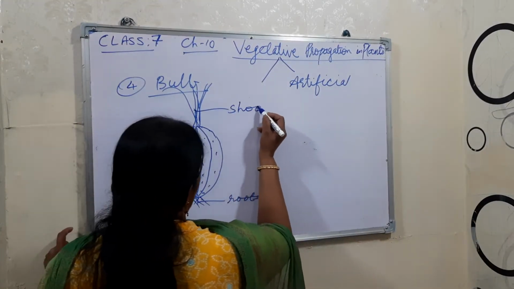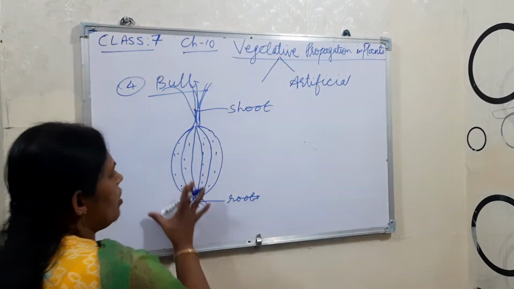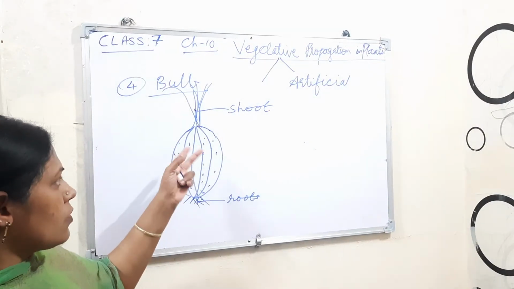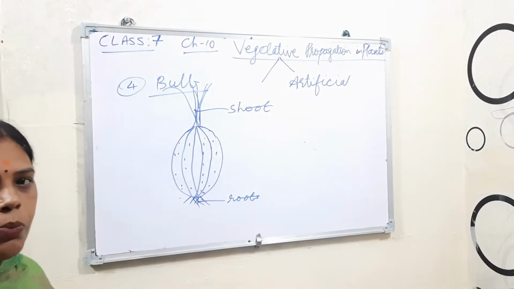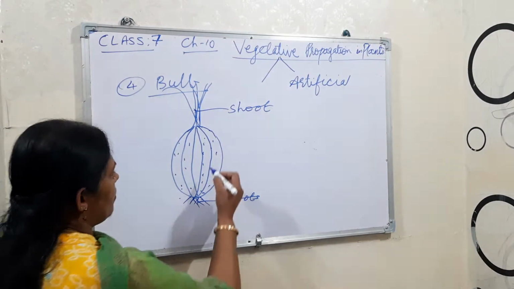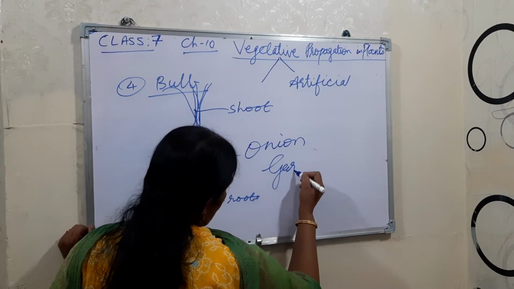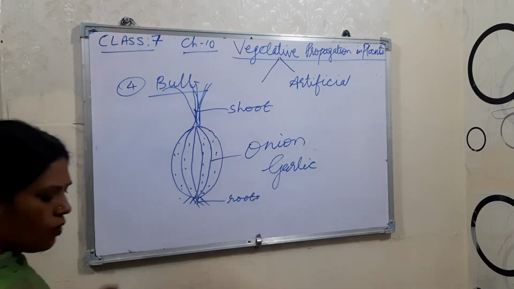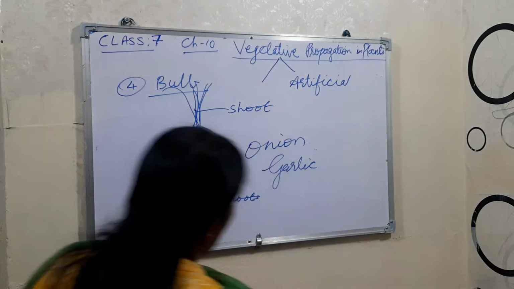Afterwards from this, a number of bulbs are produced. Okay, the new young ones are produced from this. That is known as bulb.